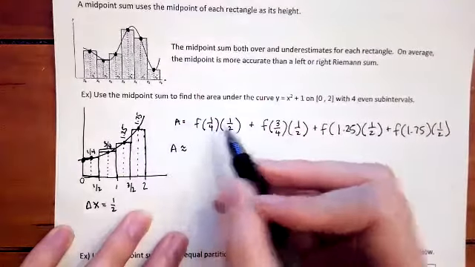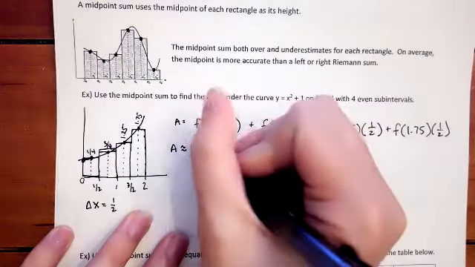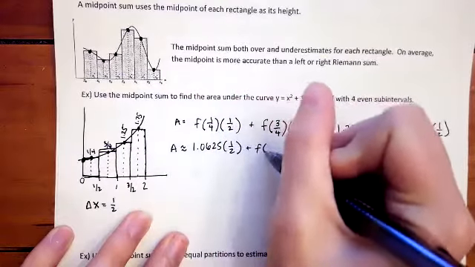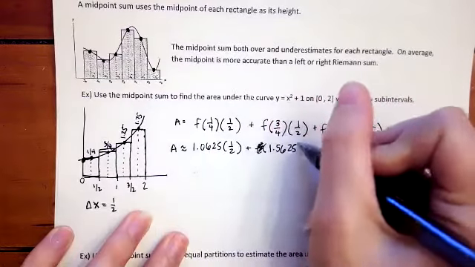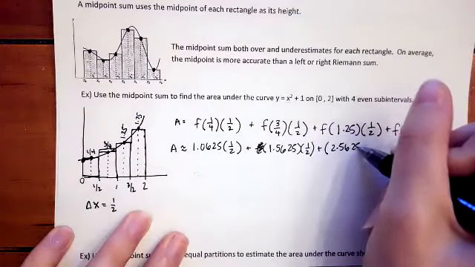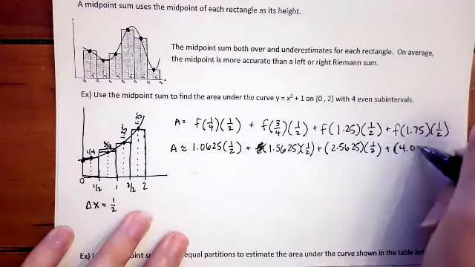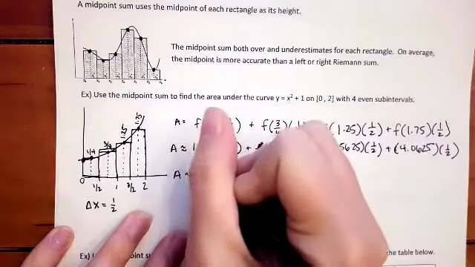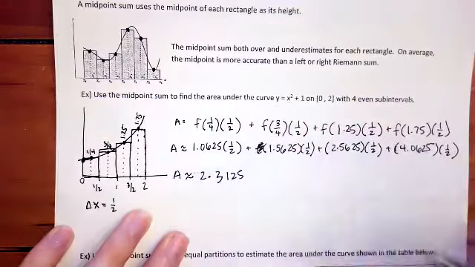And we can plug these f of 1/4 or whatever into our equation that they gave us. And we get a total area estimate of 2.3125.